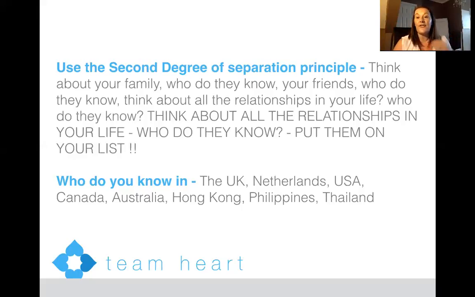You can go through your Facebook friends list just to refresh your memory of everybody you know. You can also print out a list of all of your Facebook information, including your friends list, in your settings in your back office. I think it's under personal information. I'll work that out for you. But you can do that.